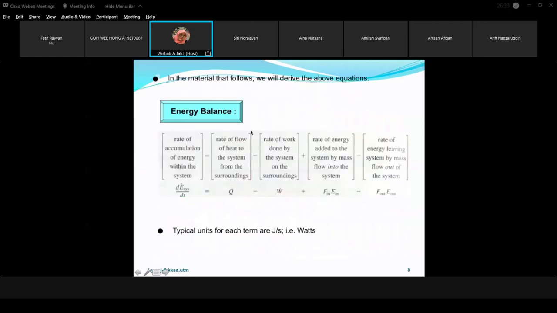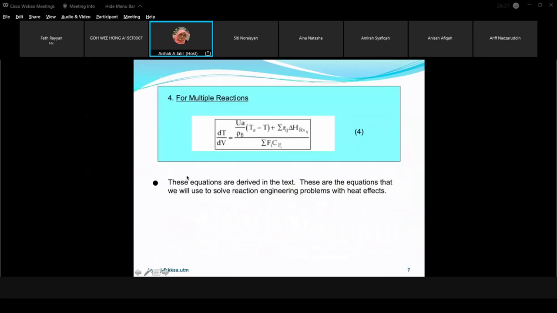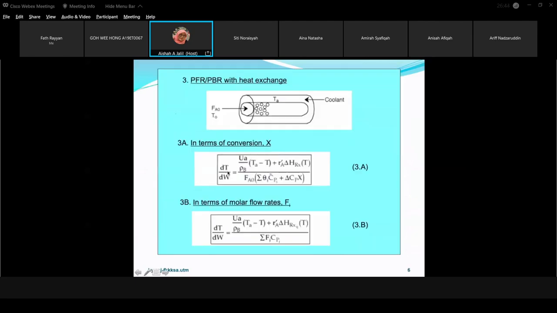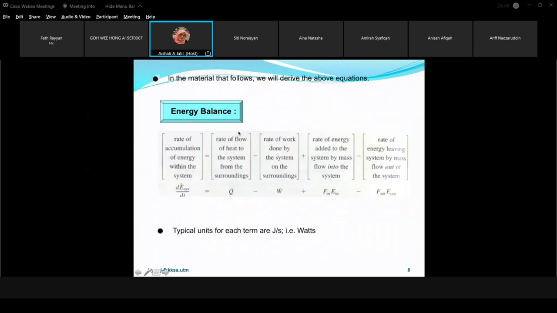If you want to study where they get this one from, you can start with this general mole balance, the energy balance. In the material that follows, we will derive the above equation. You can study from here.